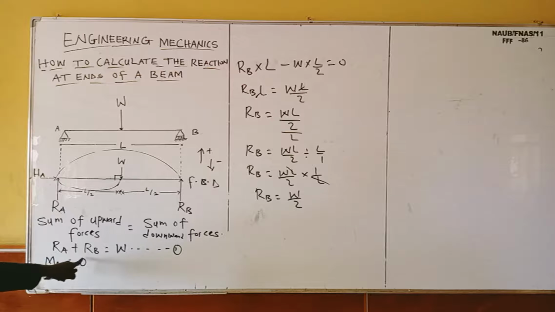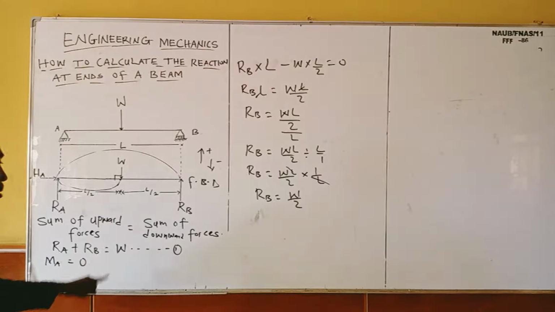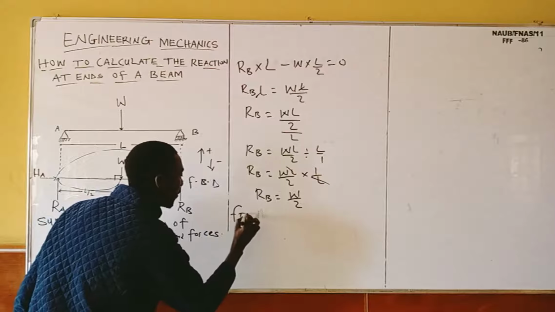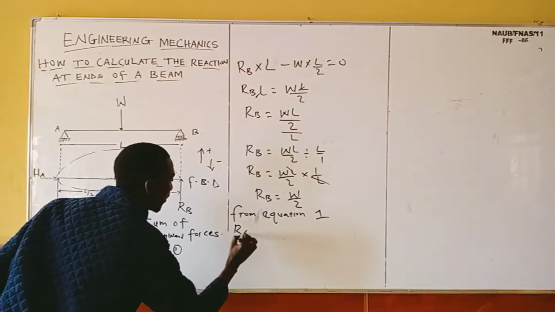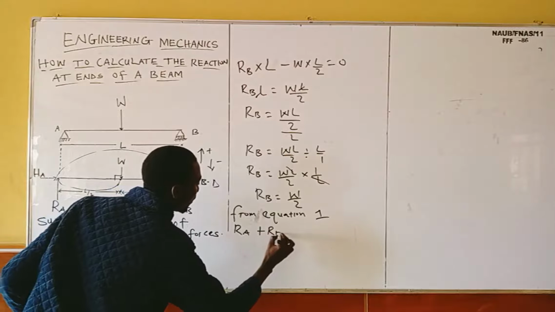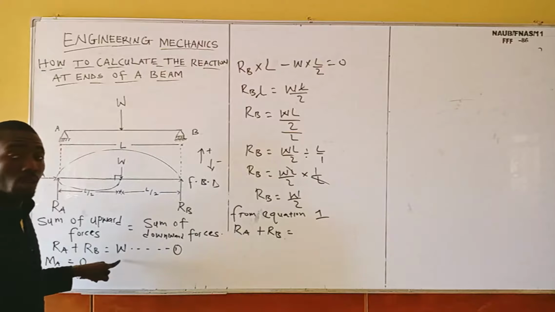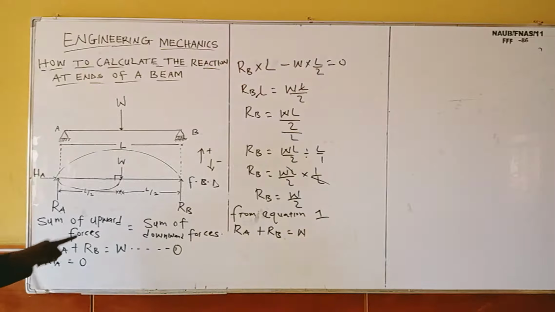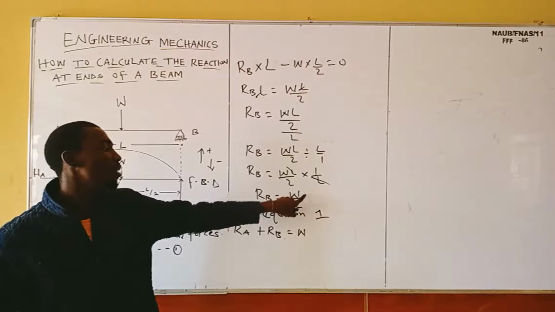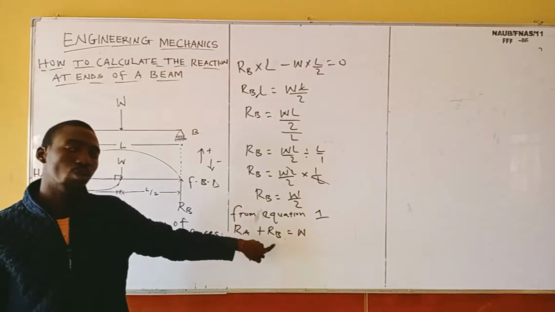Now from equation 1, what is in equation 1? R_A plus R_B equals W. That is what is there. So now I'm going to substitute W over 2 for R_B in this equation.